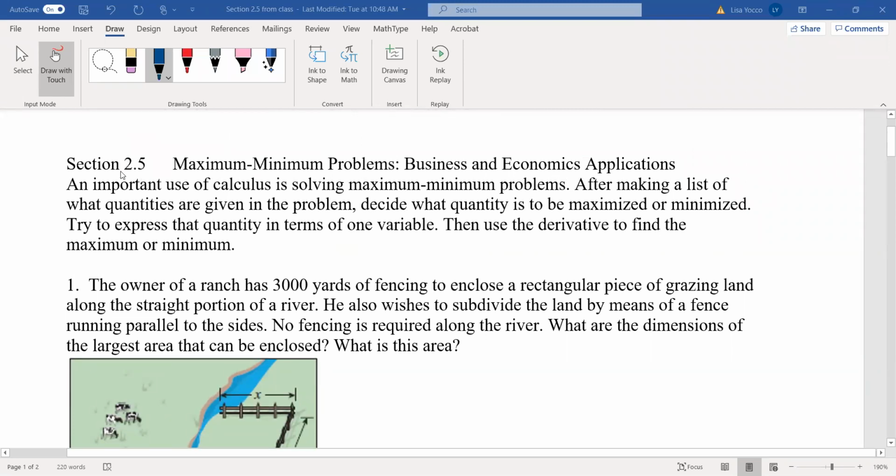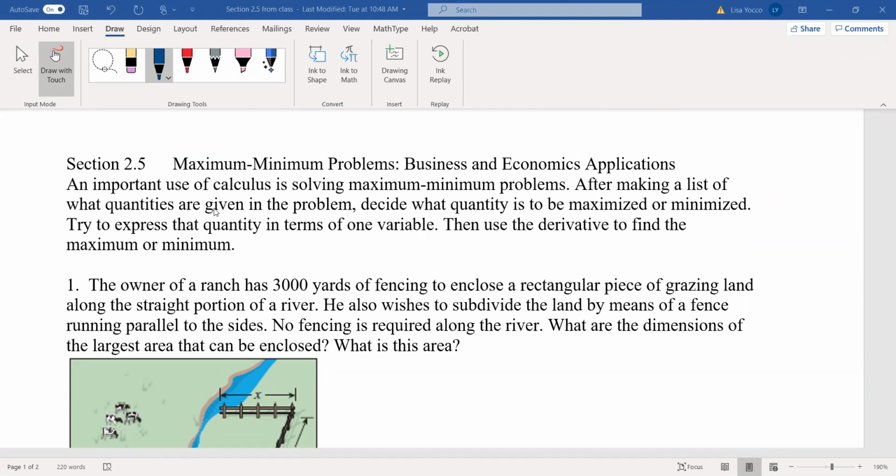I've said this quite a bit, that one of the most important uses of calculus is finding maximum or minimum values. So like I said, for these, we'll be writing our own equations.